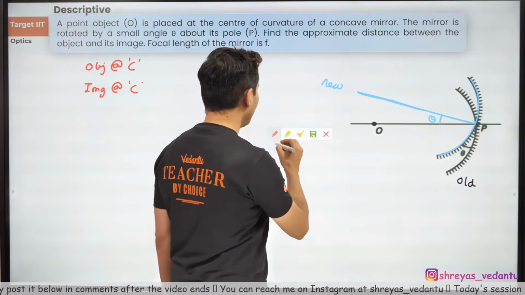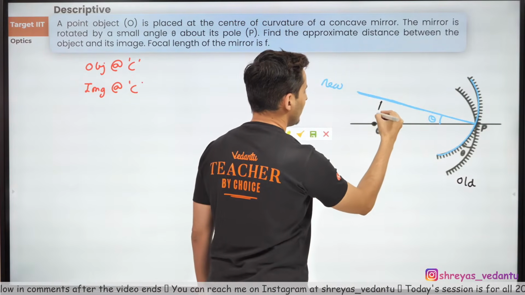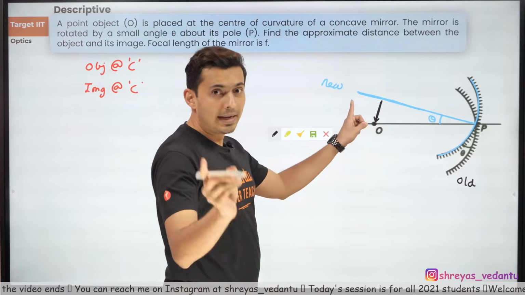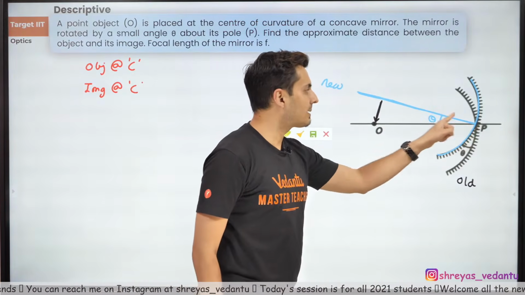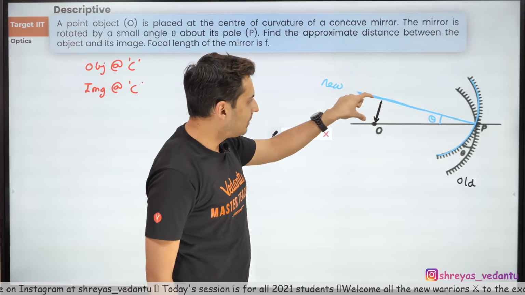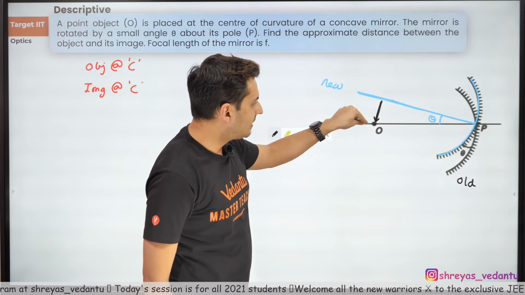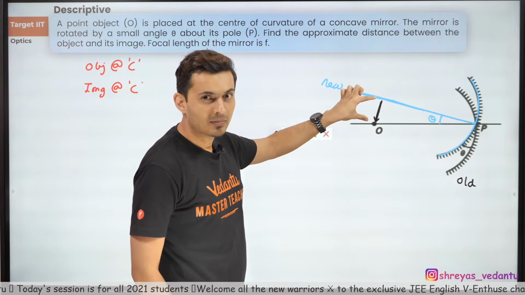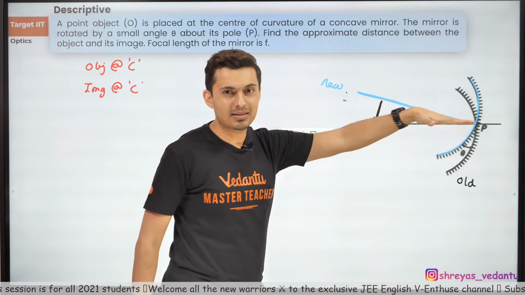Now, if I tell you that this is where the object is, look at it from the new principal axis. If you just drop a perpendicular, I can think of this like an object for this principal axis.